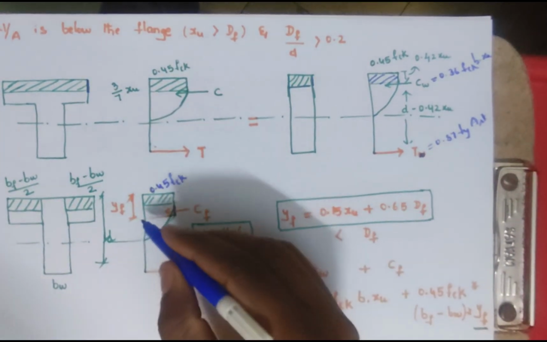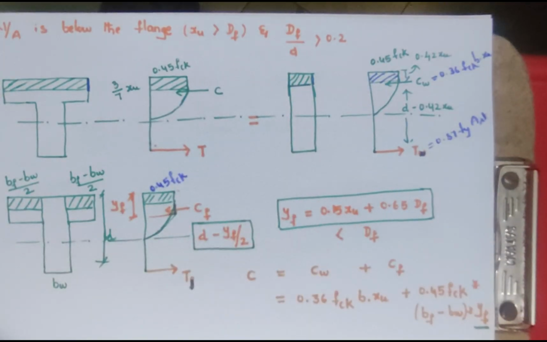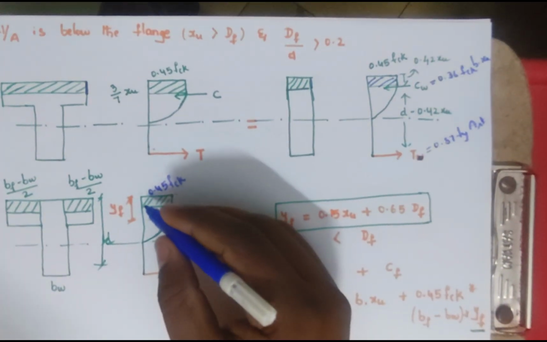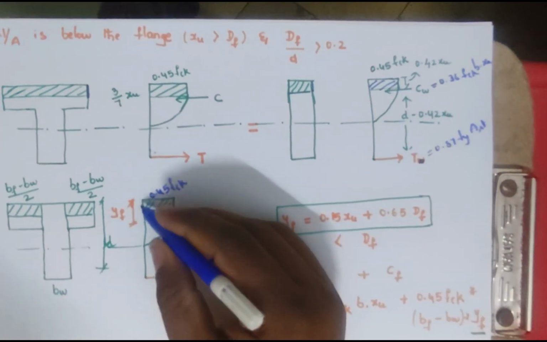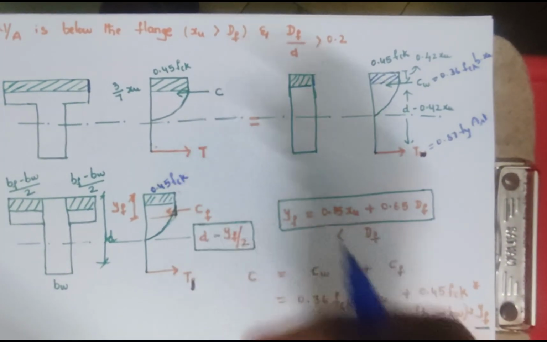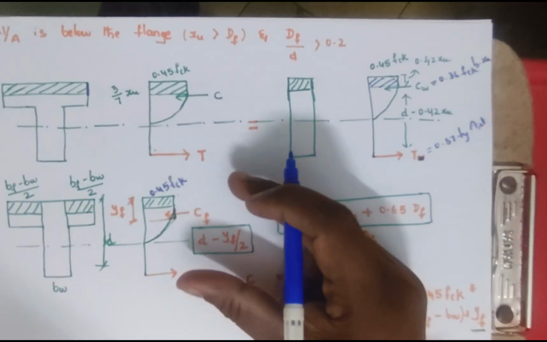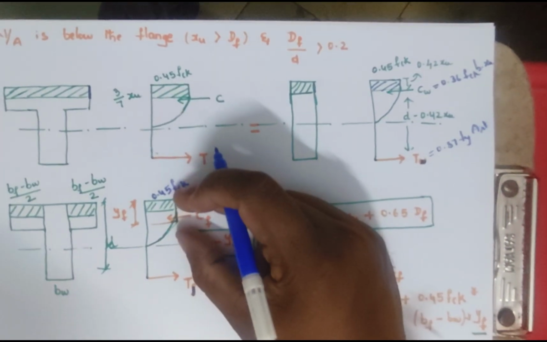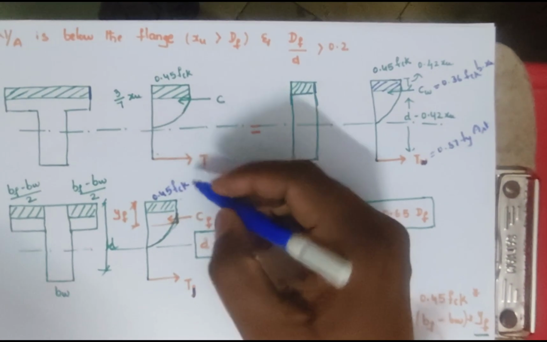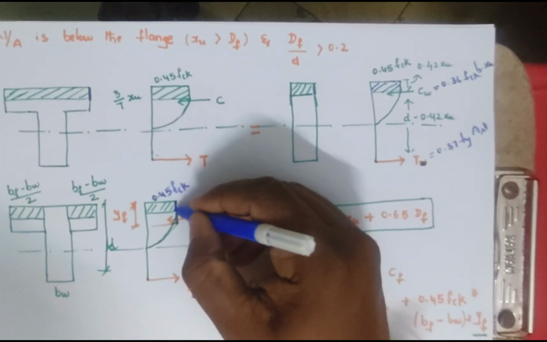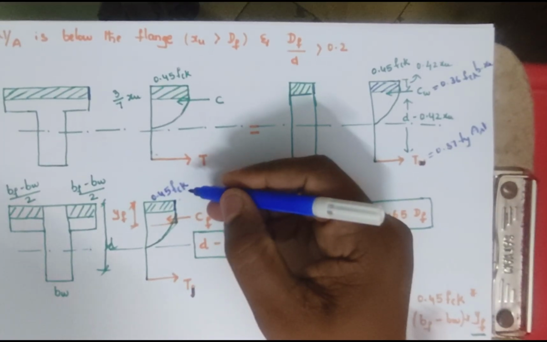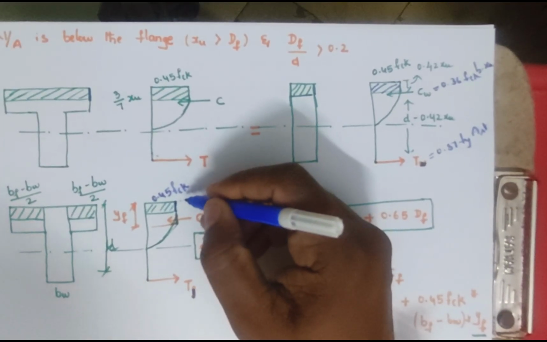Instead of the depth of the flange, we are taking yf. This is a modified thickness of the flange. Here we are modifying this thickness of the flange. Why? Because in the earlier case, the complete depth of the flange reached the stress. But here only a certain portion has reached the stress of 0.45 fck.